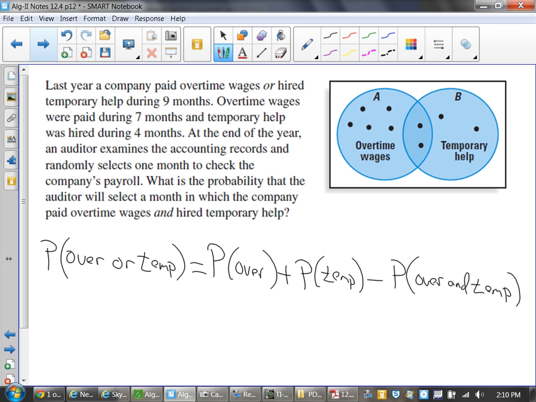Well, they tell you everything you need to know. How many months did they do overtime or temporary total? 9. 9 out of 12 months.